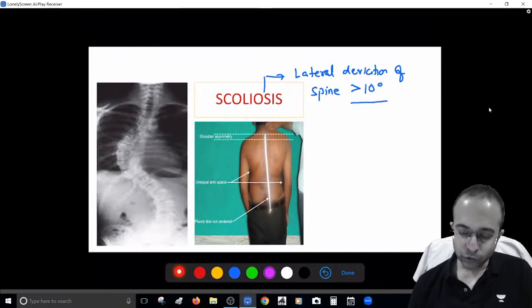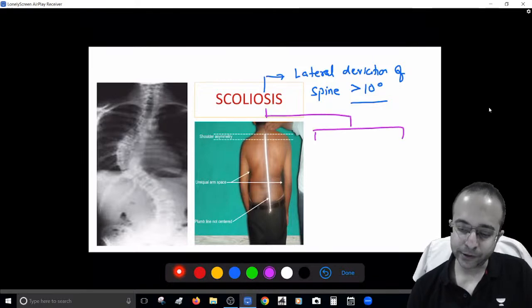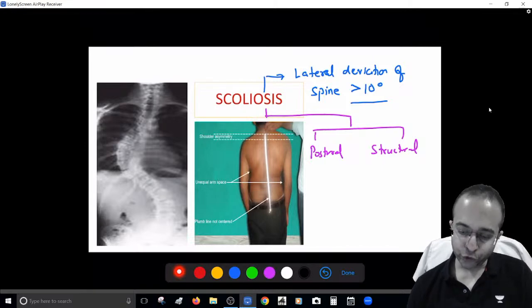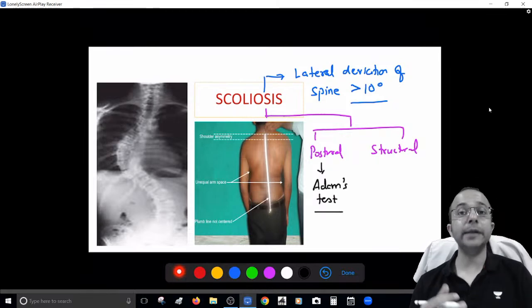Now this scoliosis can broadly be classified into a structural deformity or a postural deformity. In postural deformity, as a child bends forwards, the curve disappears. And that is Adam's test.